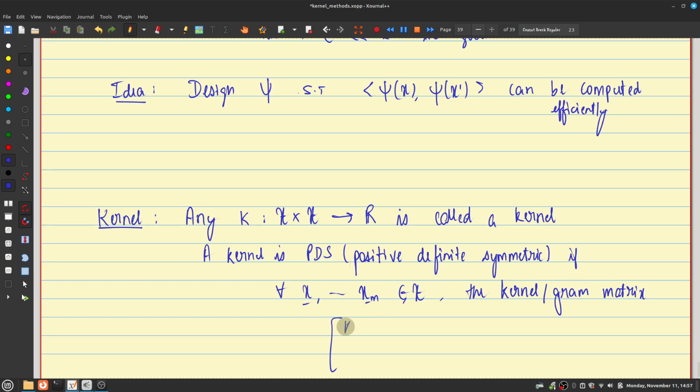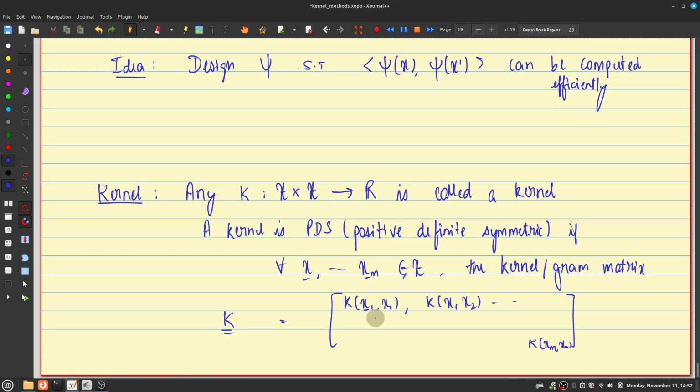It is this matrix where the ijth entry is k of xi, xj. So it's positive definite symmetric if this is symmetric and positive semi-definite.